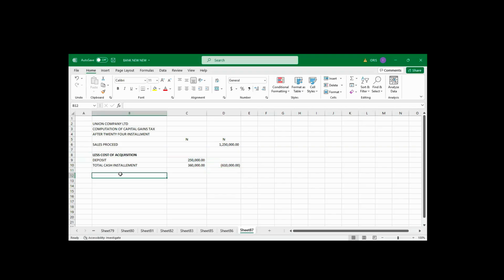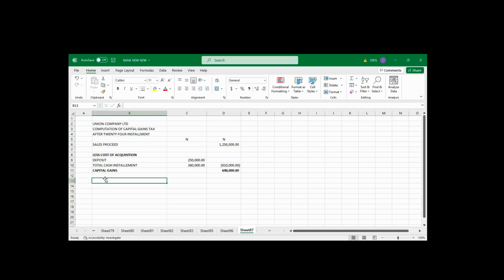So your capital gain is going to be 640. That is your capital gain.